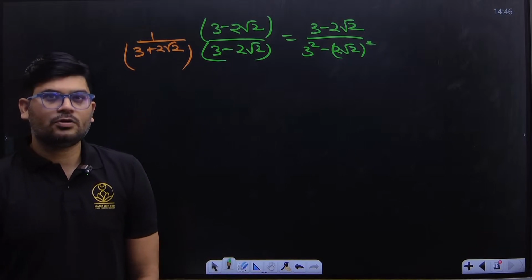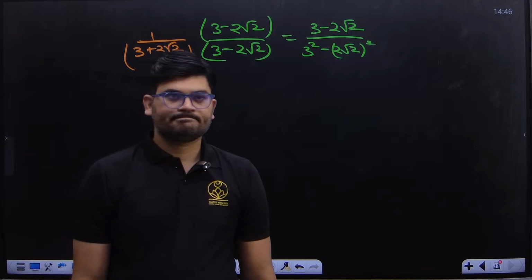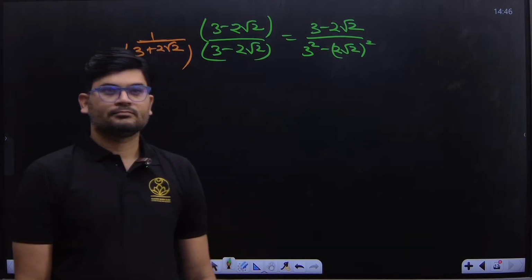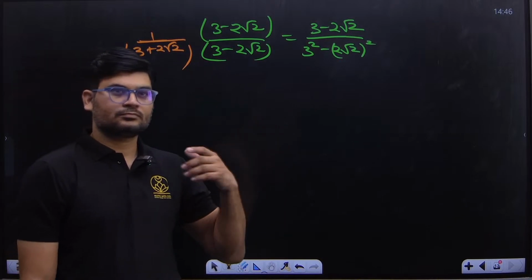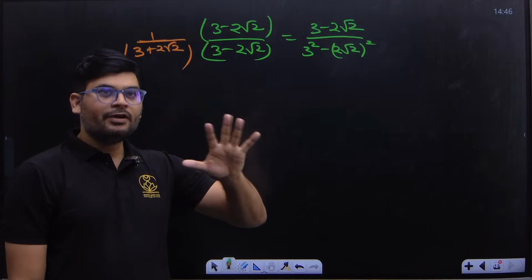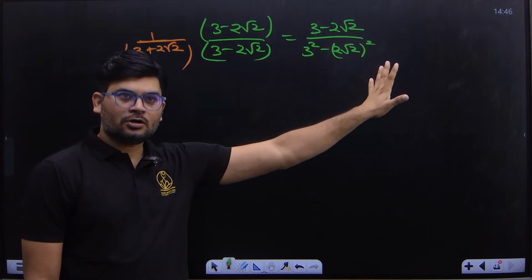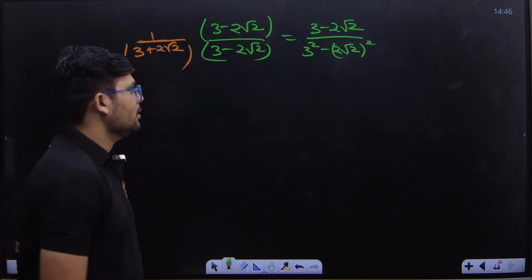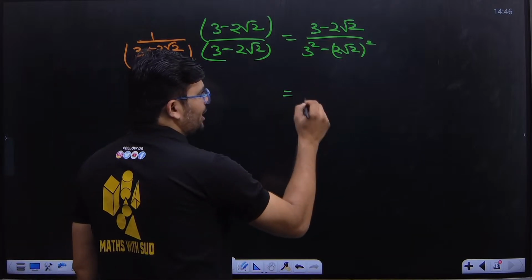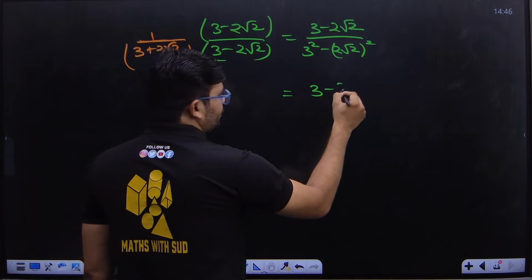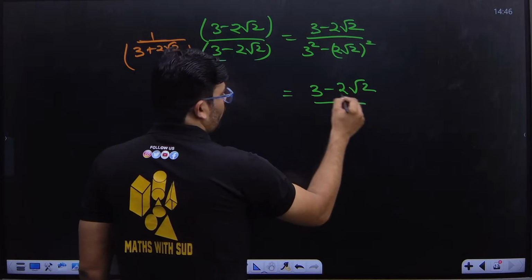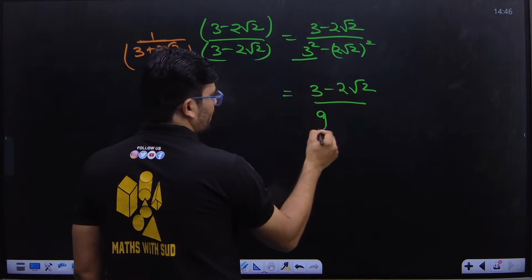Tell me any doubt. So, when you say 2 root 2 whole square, so the square and root get cancelled. I'm teaching you. Don't worry. You understood this part or not? Okay. So this is 3 minus 2 root 2. What will be 3 square? 9.